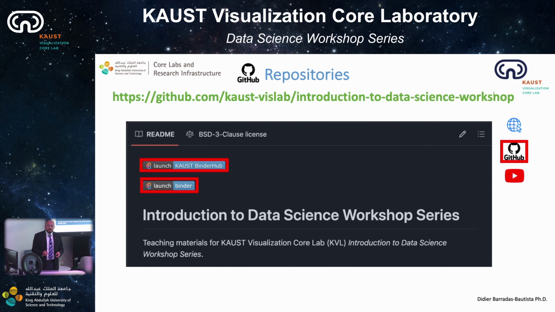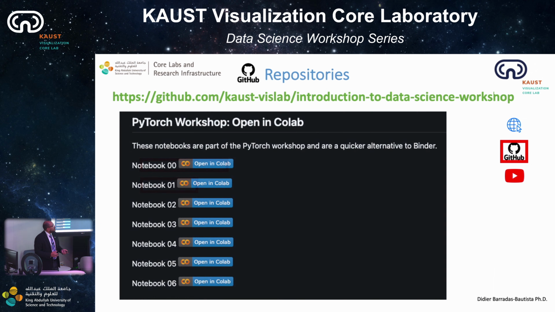Now, because I know that it's a very small resource, we also have this option. If you want, I converted all the notebooks of this workshop into a Google Colab version. You can use this one because it's basically the same.